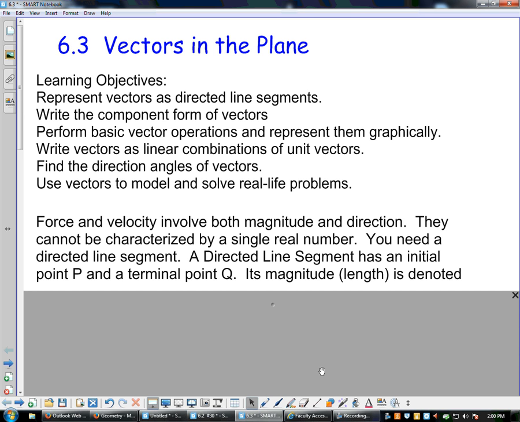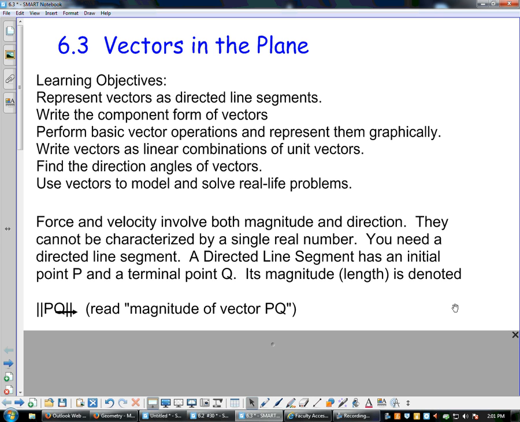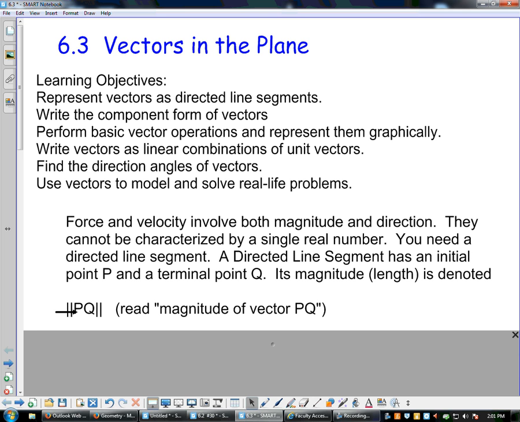Force and velocity involve both magnitude and direction. They cannot be characterized by a single real number. You need a directed line segment. A directed line segment has an initial point P and a terminal point Q, and its magnitude, which is its length, is denoted by this symbol, which is read magnitude of vector PQ.